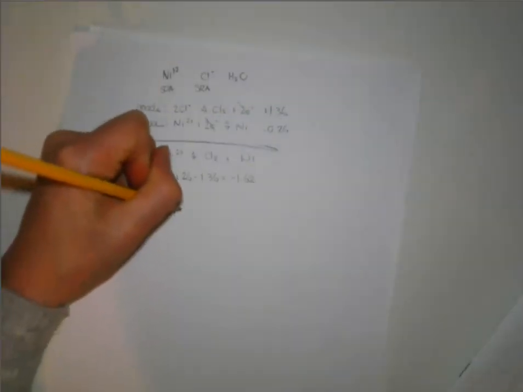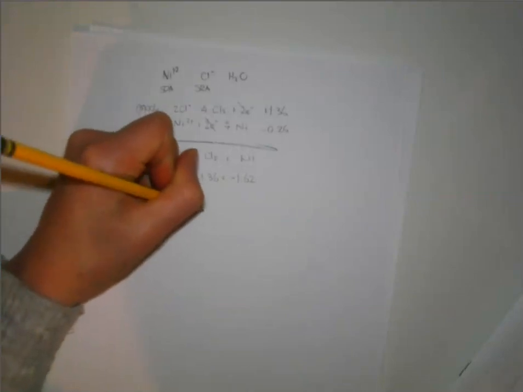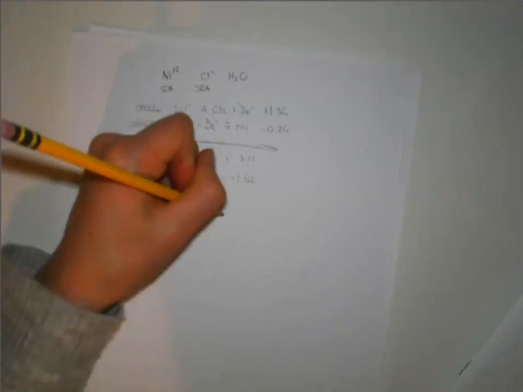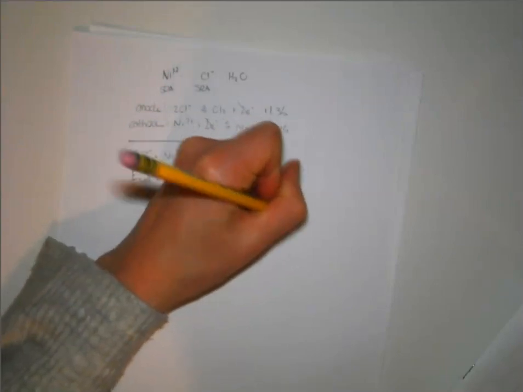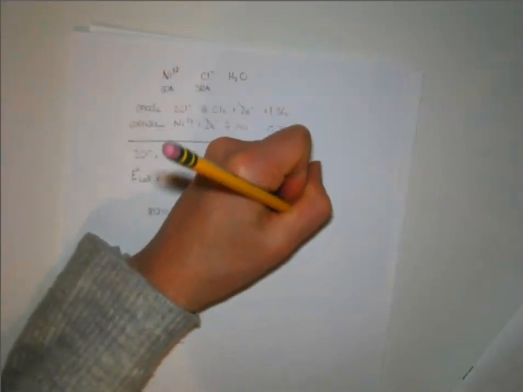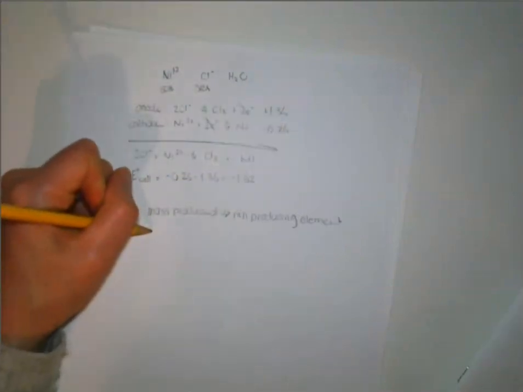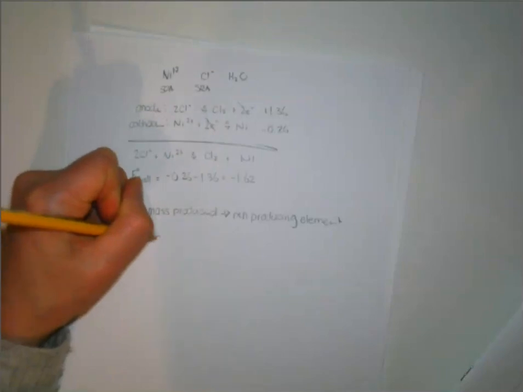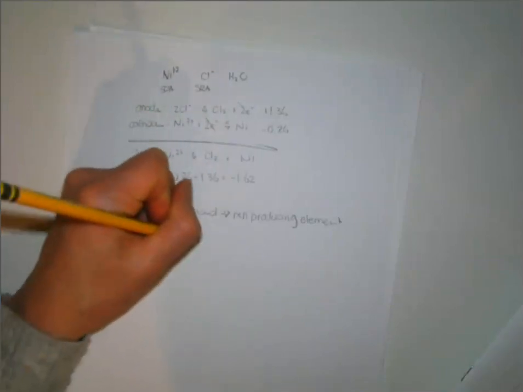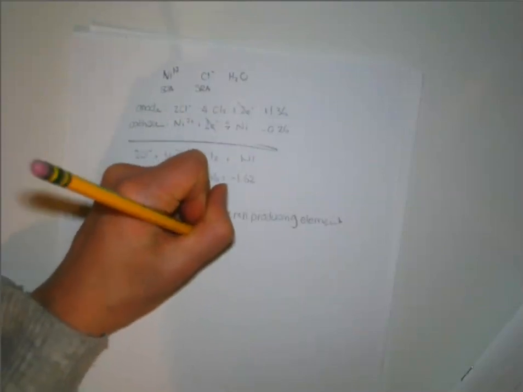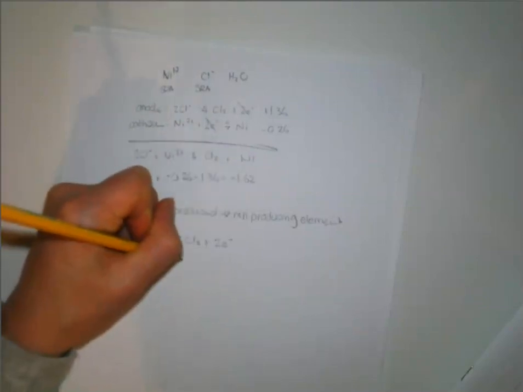If we have mass produced, then we have to look for the reaction that produces the element. In this case, the reaction that we find on our chart is 2Cl- going to make Cl2 plus 2 electrons, and that's an oxidation half reaction.